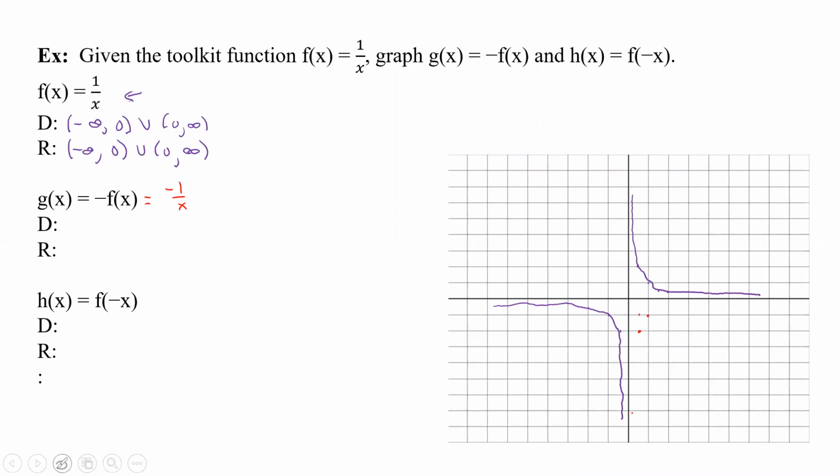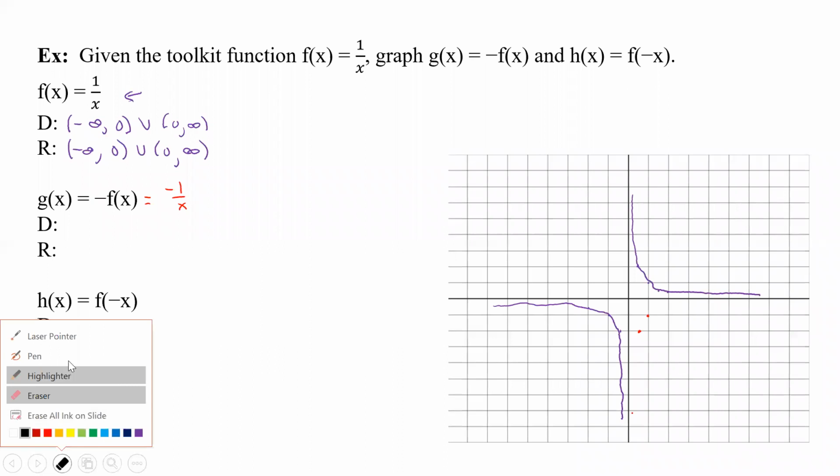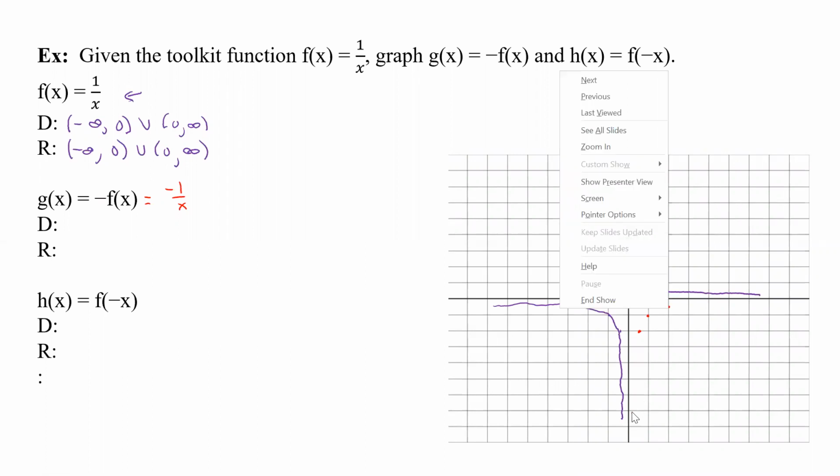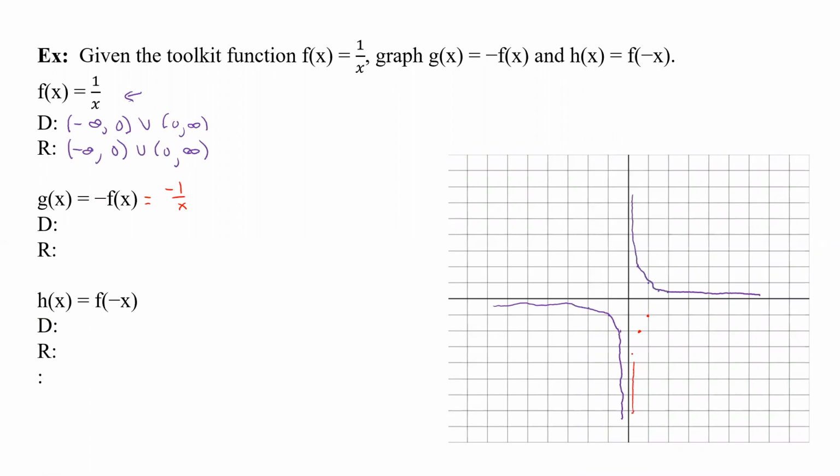Let's erase that dot there so I don't draw through it. All right. And so then we have this point, which is 2, 1/2, so it's going to be 2, negative 1/2. And so we're going to be drawing something that looks like that. Now this one does the same thing, except it reflects over here.